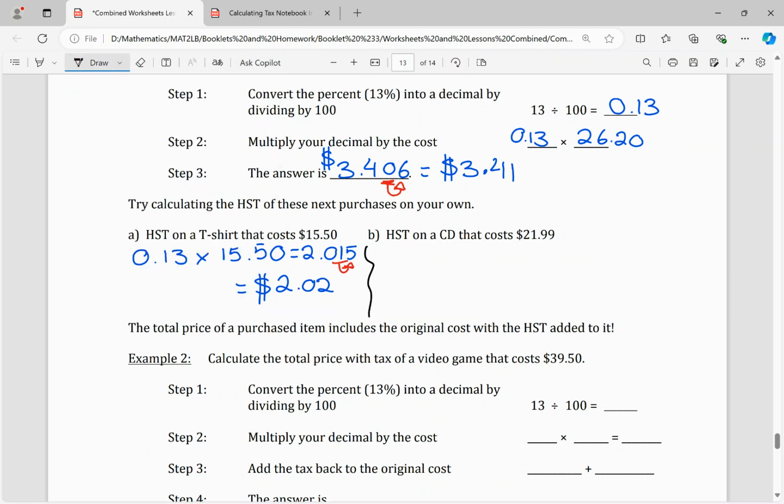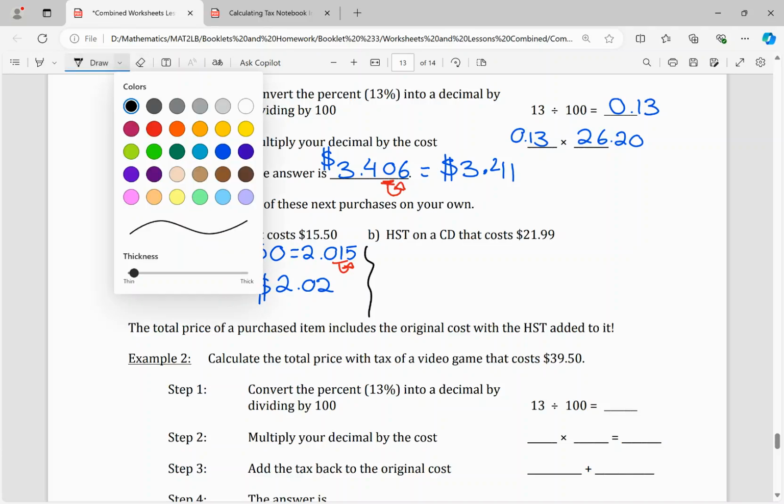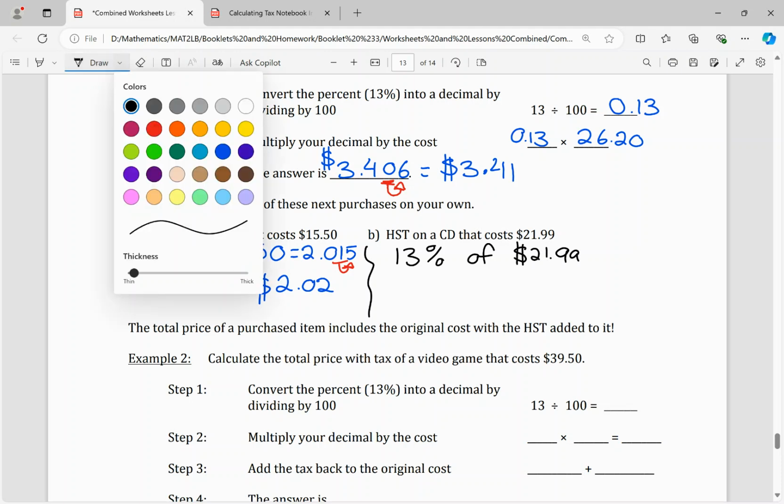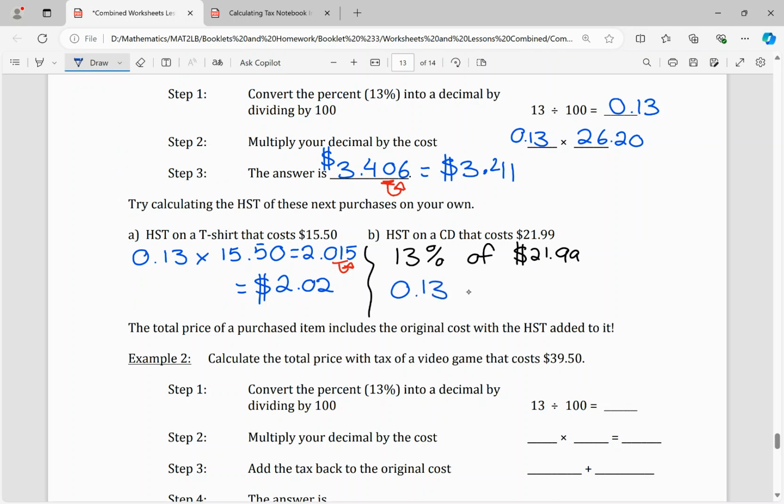The next problem, we want the tax on a CD that costs $21.99. That would be 13% of $21.99. And 13% of $21.99 is the same thing as 0.13. We use decimal form, times the price $21.99.